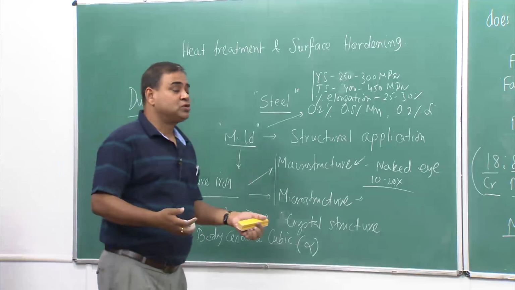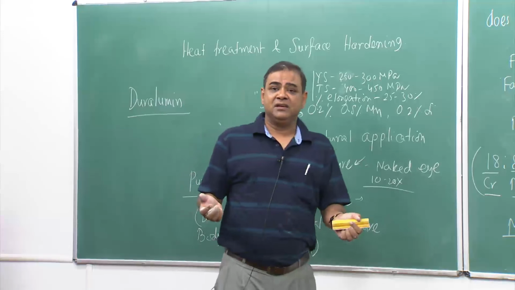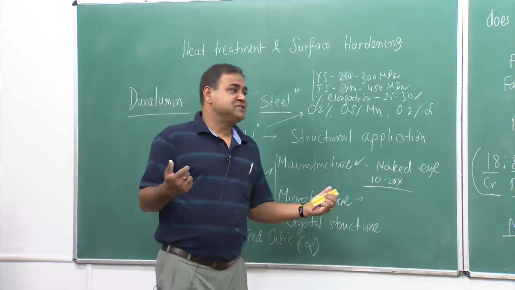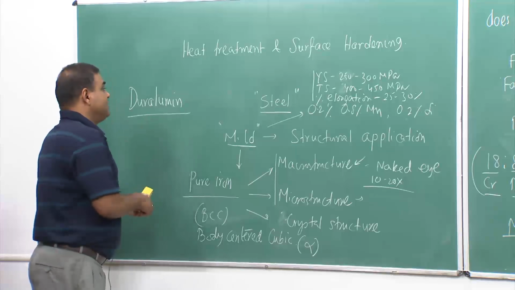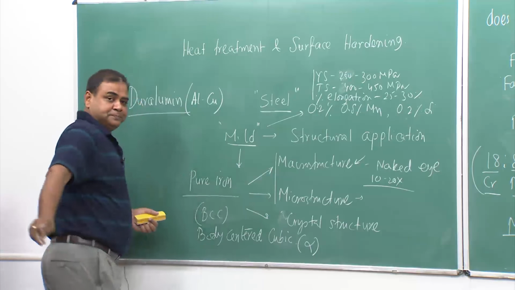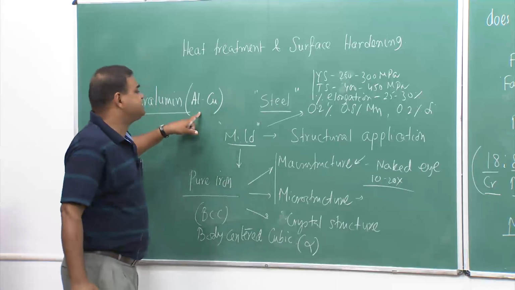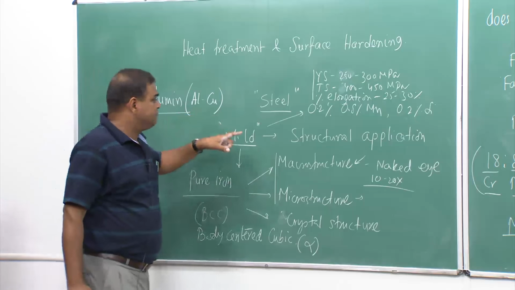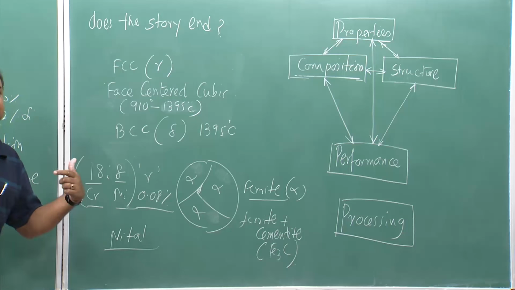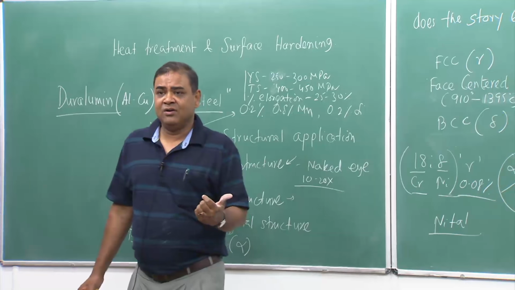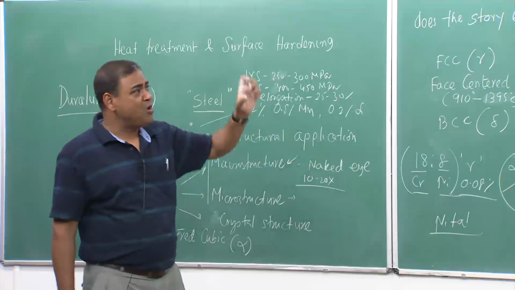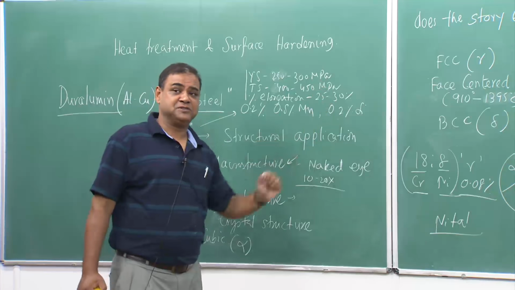Once we talk about duralumin, immediately the thing that comes into our mind is basically nothing but an aluminium copper alloy. So, we will have discussion on this, and on mild steel, on how we can change the processing to change the properties without changing the composition. So, now we are fixing one term, which is the composition.